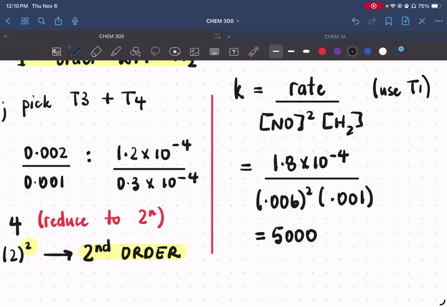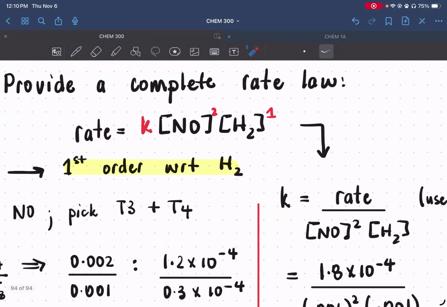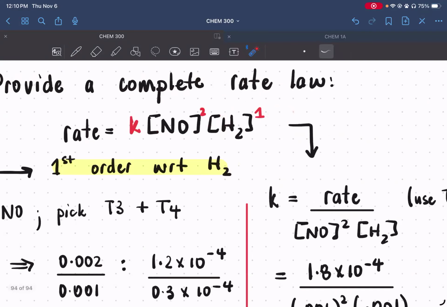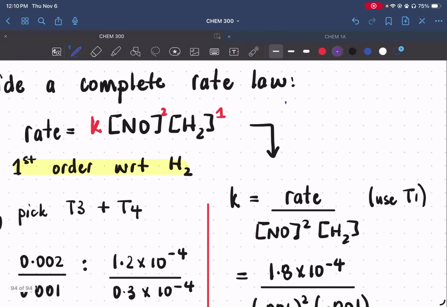Now, how do we determine the units of K? Technically speaking, it's not just one reactant, it's 2 of them, and each of them affects the rate. One of them is second order, one of them is first order. In fact, you can say that the overall order is equal to 2 plus 1, just 3.